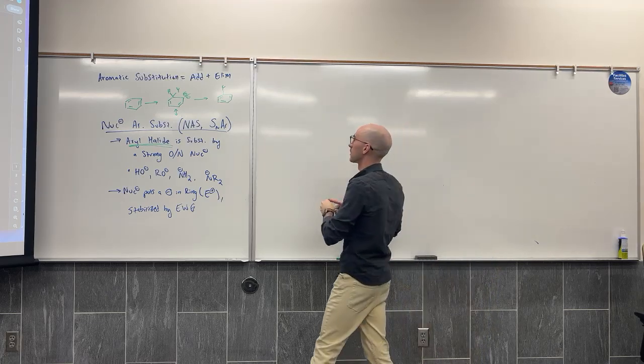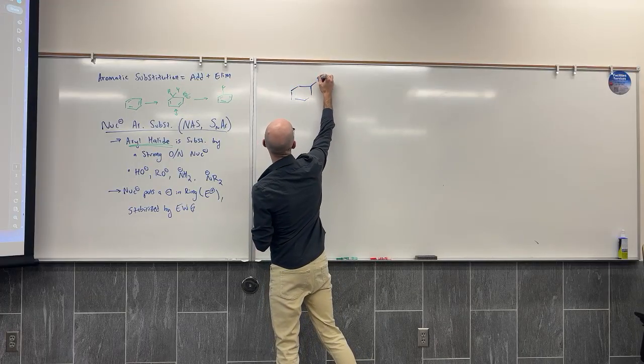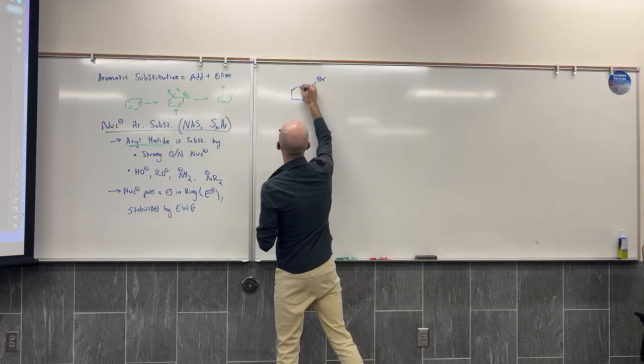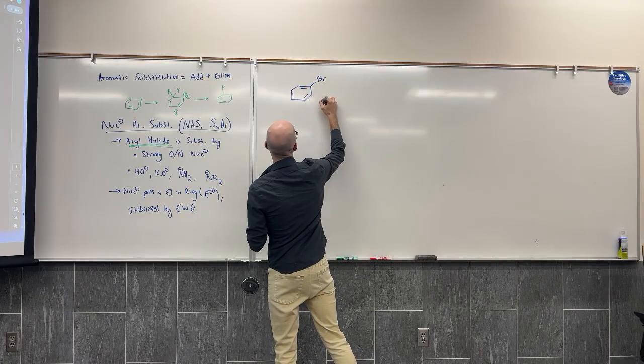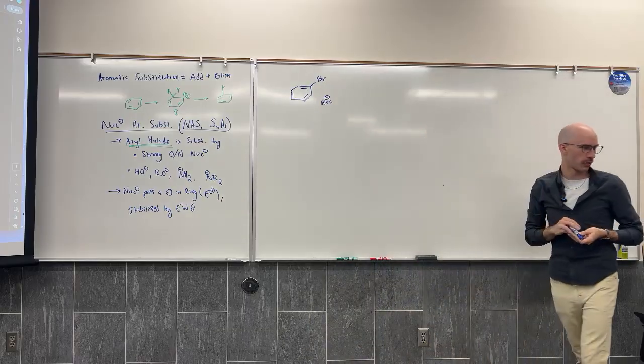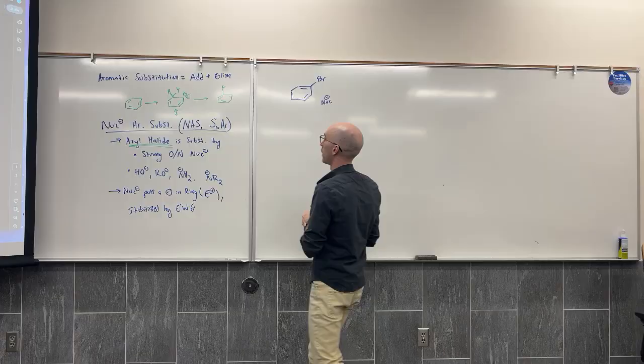So let's look at this first example. This is just generic. Actually, I could have made it more generic by just putting X instead of Br. But we're going to show Nuc minus. We're not going to show a specific nucleophile for this one. We'll just say it's a nucleophile.